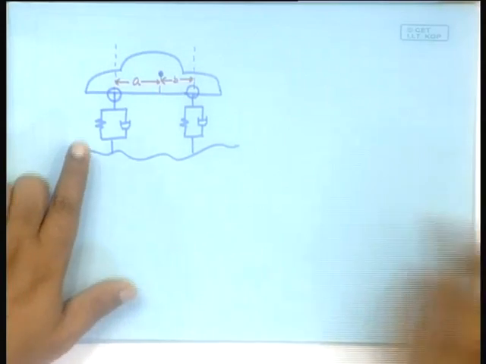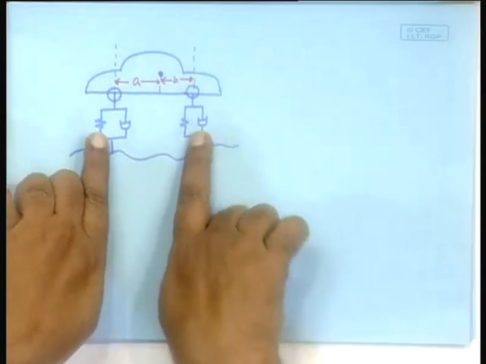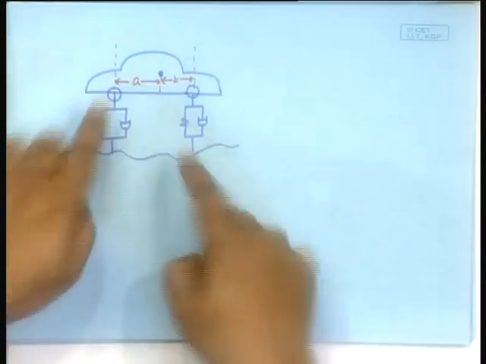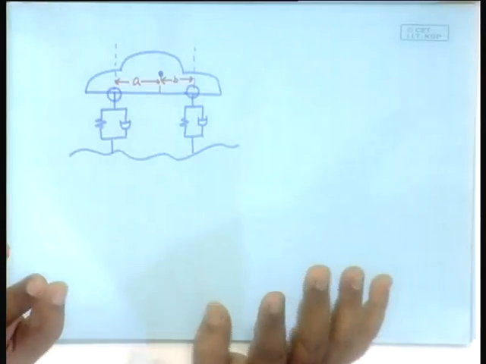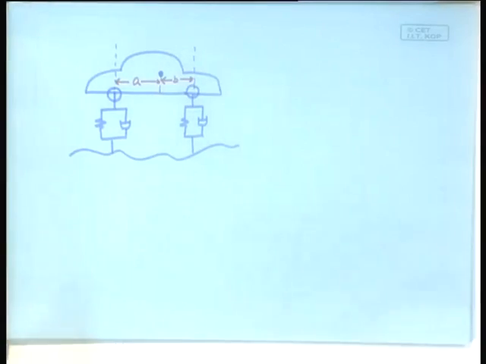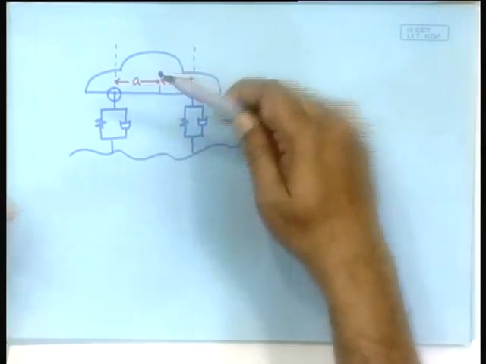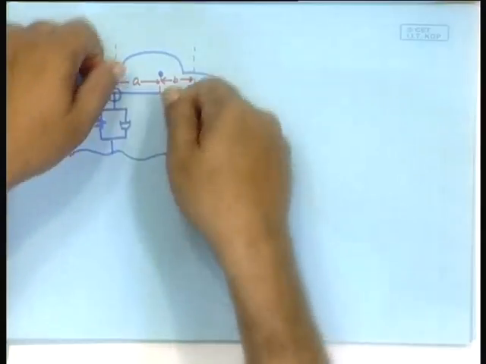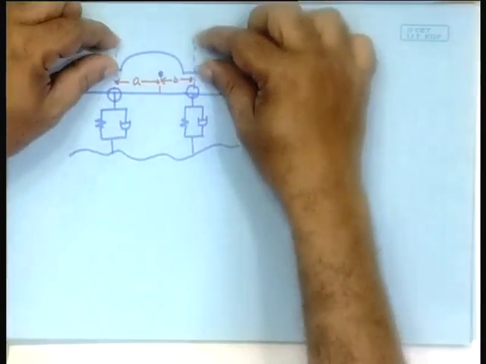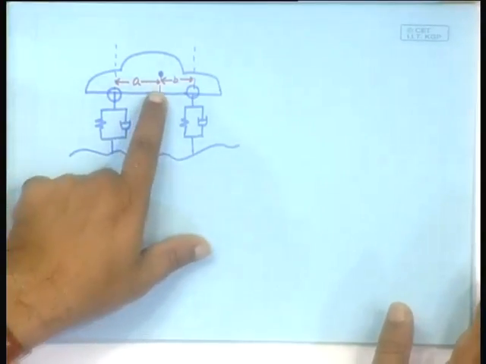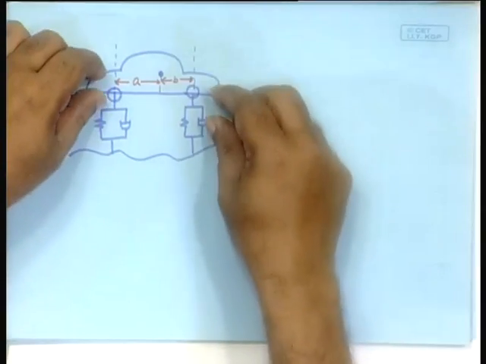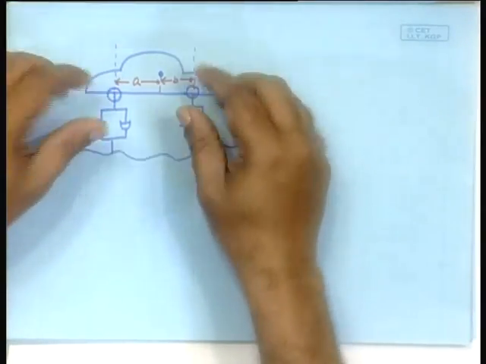Depending on that, here is the CG and here are the forces acting. Because of this, it will be going up and down. Not only that, the CG itself will go up and down. So, one will be the rocking motion, the other will be the total up and down motion. For the rocking motion, you will have to consider the moment of inertia. For the up and down motion, you will have to consider the mass.